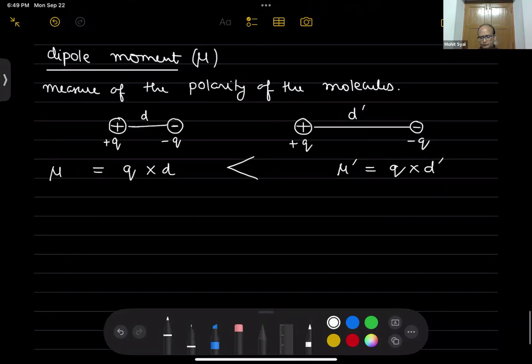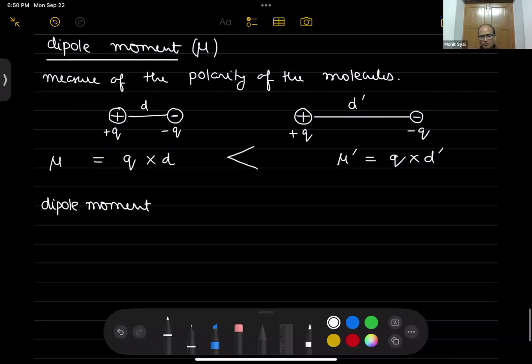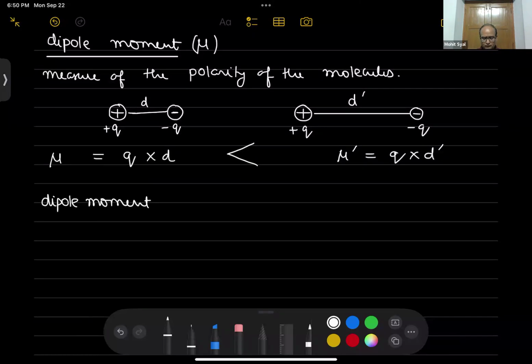So next is, it is a vector quantity. So there can be multiple polar bonds in a molecule. And the overall dipole moment is the vector sum of the dipole moments of the individual bonds inside the molecule.